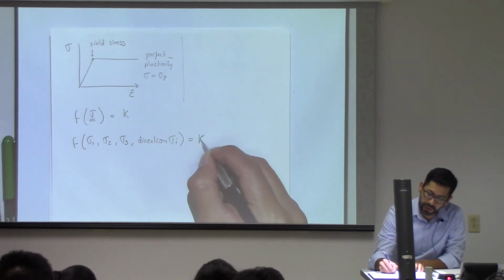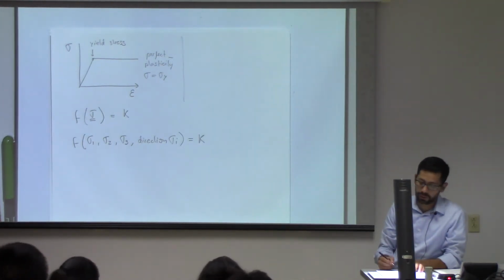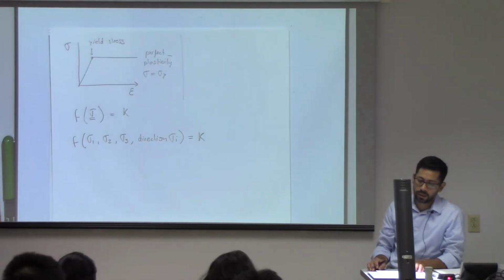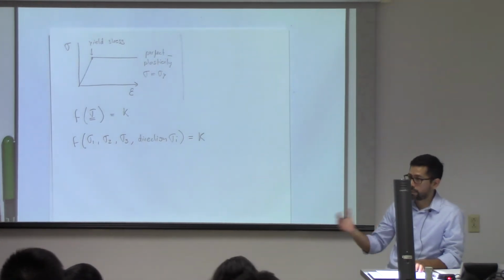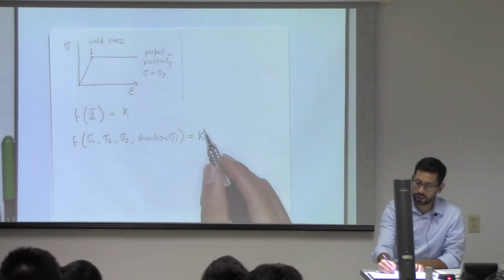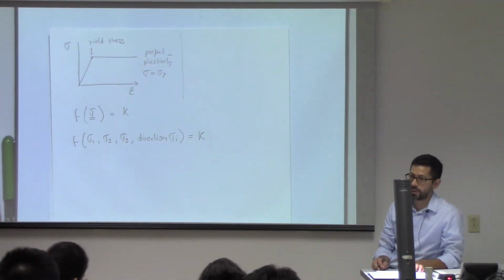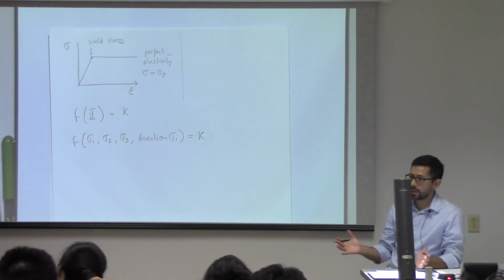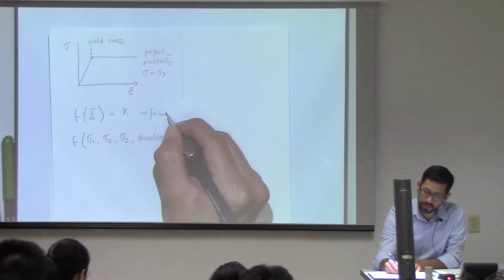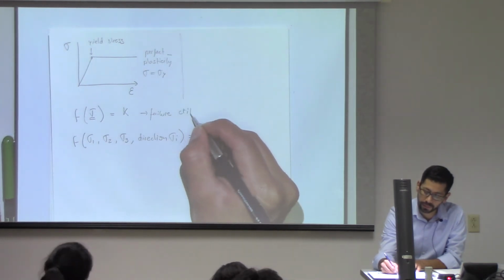And that's going to be a function of a given constant k. So I know the principal stresses, I know the direction of those principal stresses, and I equal that to a constant. That is what is called a failure criterion. It's just an equation.